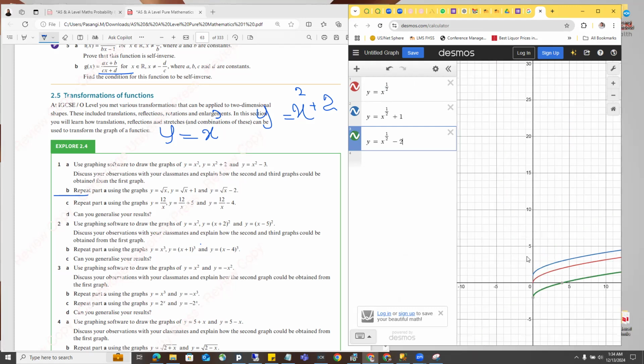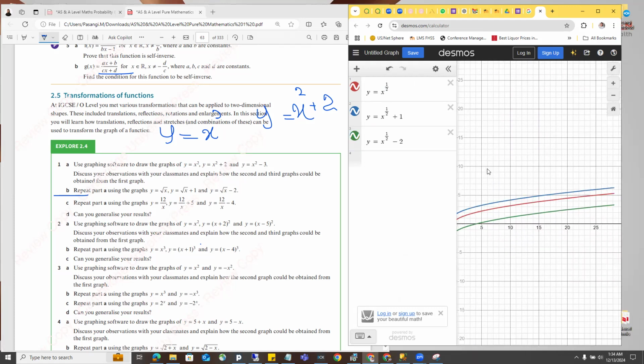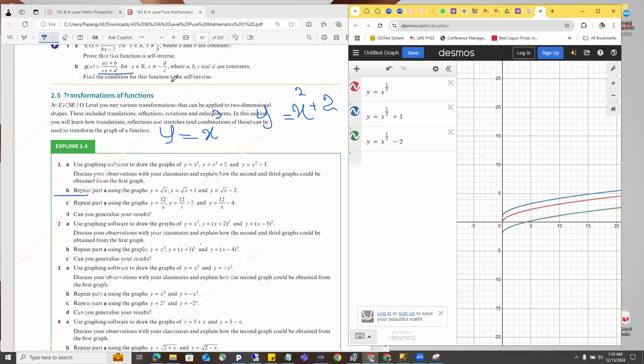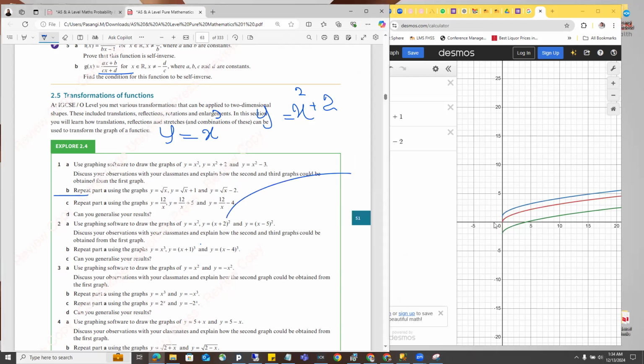Now if you check this, it would be something like this. Then again, the same thing: to draw y equals square root of x plus 1, we need to move the graph up by 1 unit.